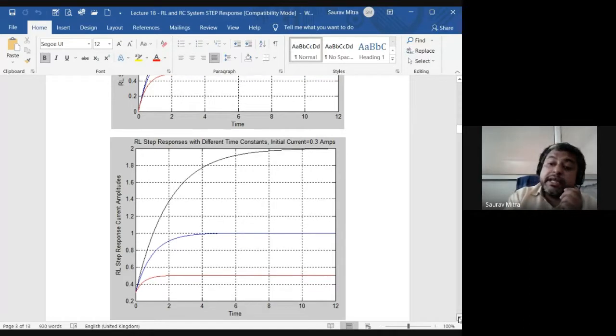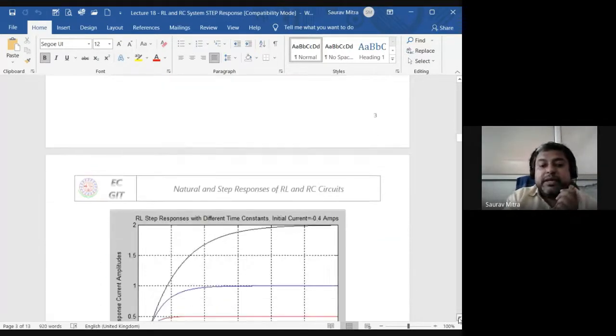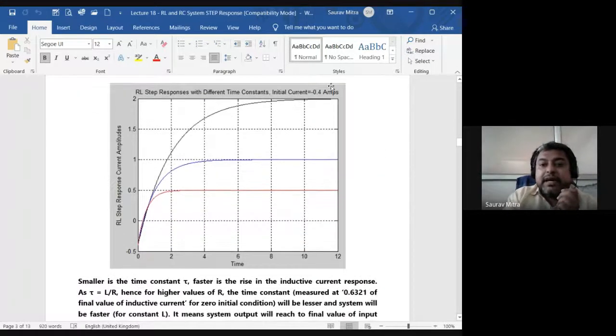Okay, and somebody will say, sir, I0 can be negative. वो भी हो सकता है, negative current. So that also I have plotted. What I am taking is I0 equal to minus 0.4 ampere. So steady state value is same. You can see here steady state value for red will be 0.5. Previous case also it was 0.5, but now it is building up from minus 0.4. So initial current can be adjusted, both value and magnitude.